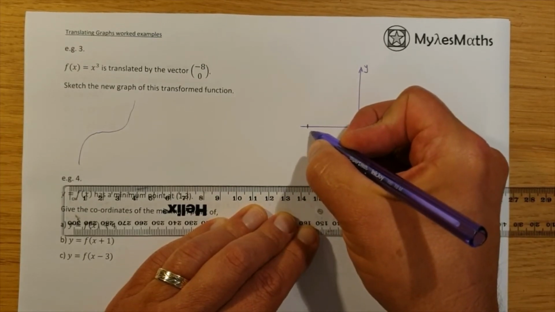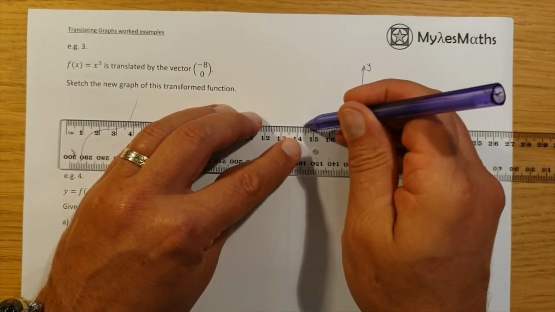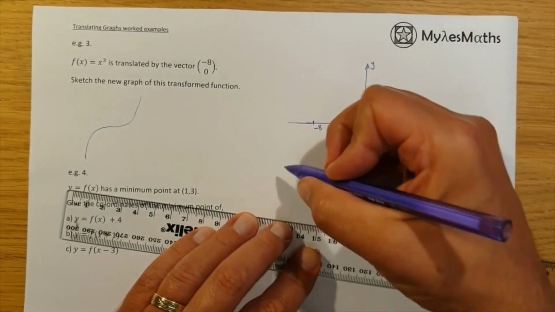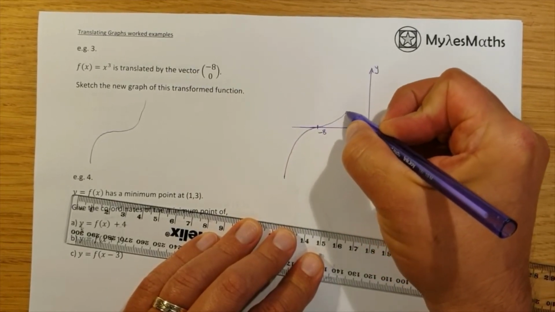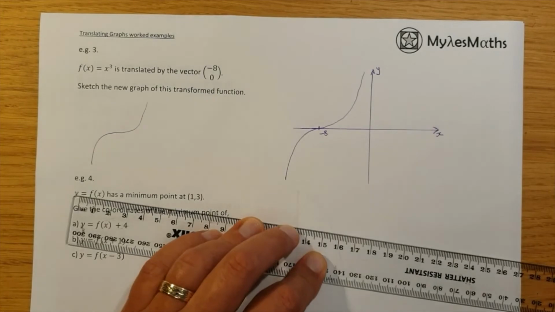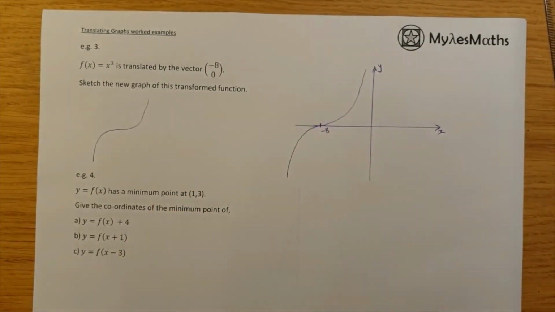So this is going to be minus 8. I just need to make that axis a little bit longer now. I just need now to put this x cubed on here like this. And there we go. This is x cubed translated by that vector.